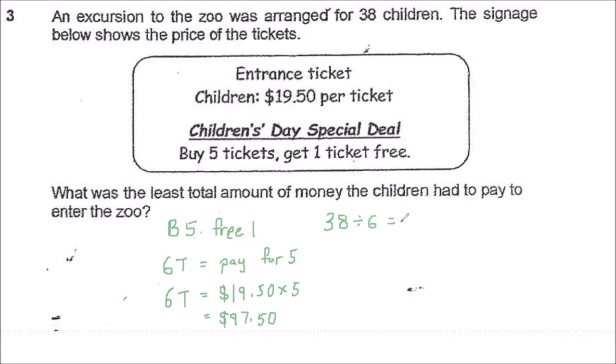that will be 6 remainder 2. So I have 6 groups of 6 tickets. So this quotient 6 just tells us that I have 6 groups of 6 tickets. And for this, how much I will spend, it will be 6 times $97.50.